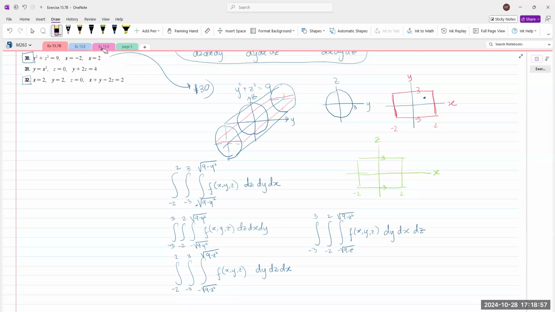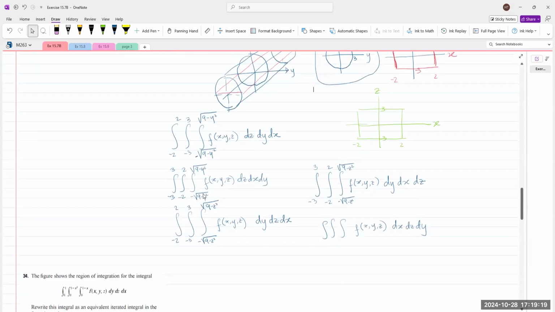Okay, be patient. What if we want to do triple integrals of f x y z of dx dz dy? So we look at this thing here now. Okay, the y will be from -3 to 3. Let me move that integral a bit to the left.